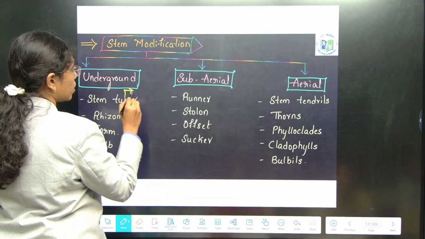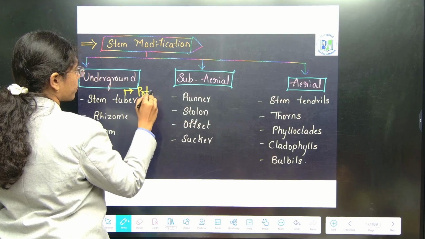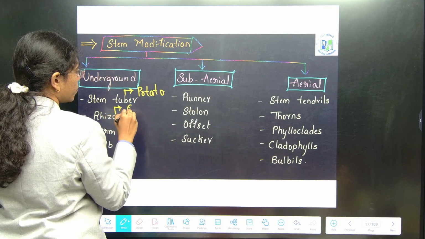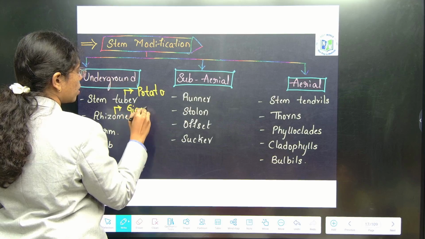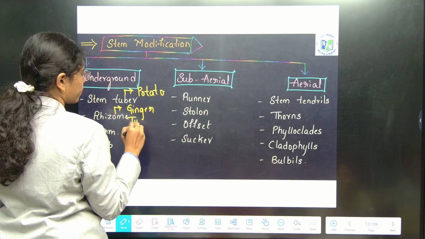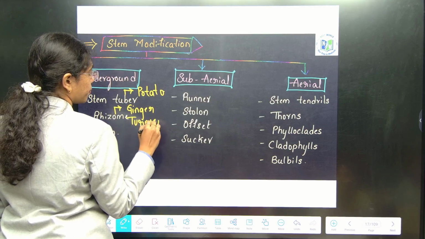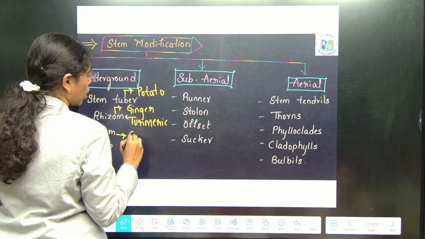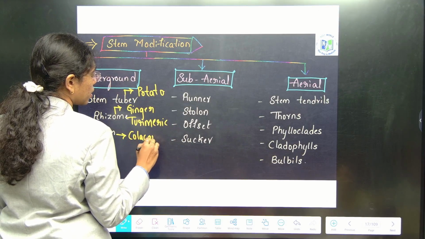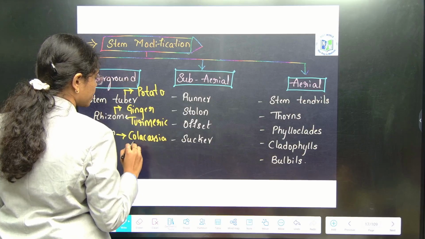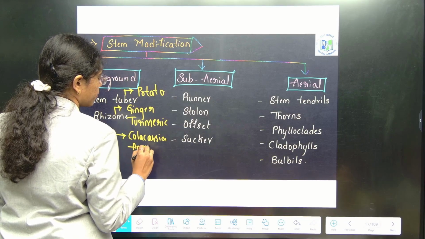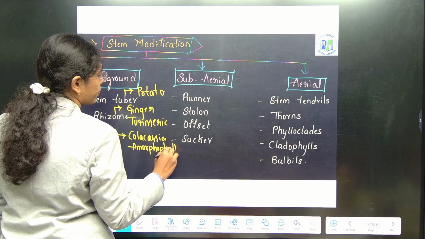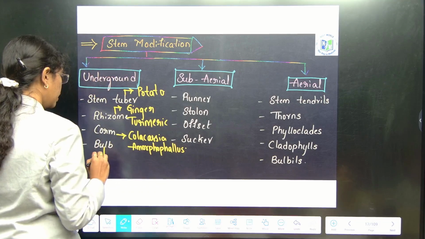Examples? Potato. Rhizome? Ginger. Turmeric. Corm? Colocasia. Amorphophallus. Bulb?